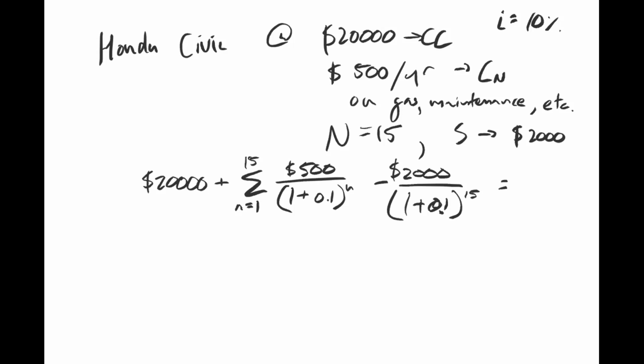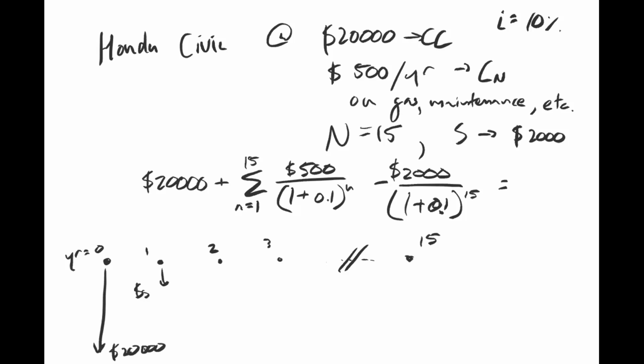Okay, and the way that I was just trying to visualize this again is with these sort of dots, right? Year equals 0, 1, 2, 3, so on and so forth, all the way till 15. So in year 0, you pay $20,000. In year 1, it's 500.